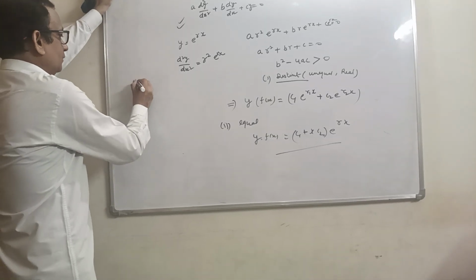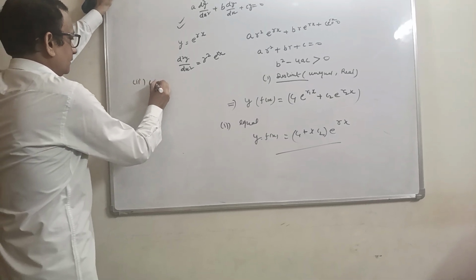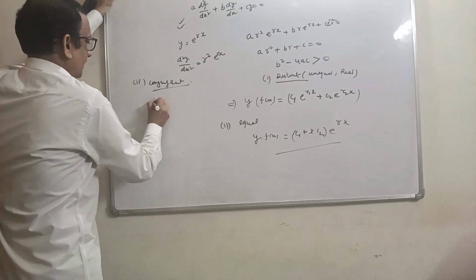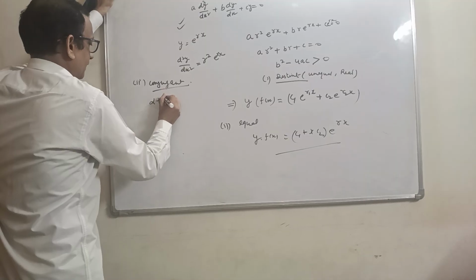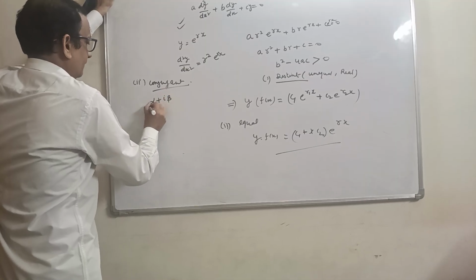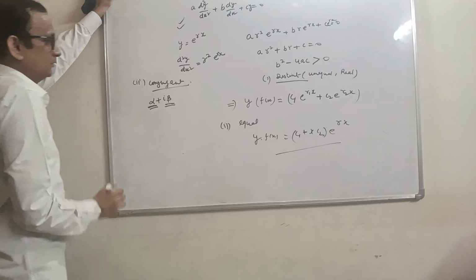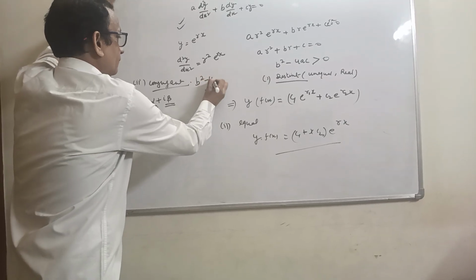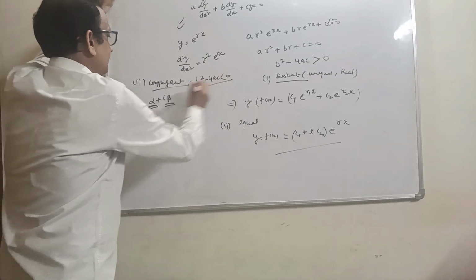Our roots are conjugate. Roots are imaginary, so alpha plus iota beta. Alpha is the real part, beta is the imaginary part. If discriminant b squared minus 4ac is less than 0, this is the condition.